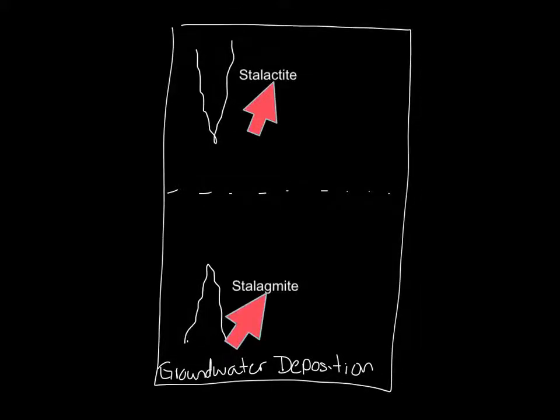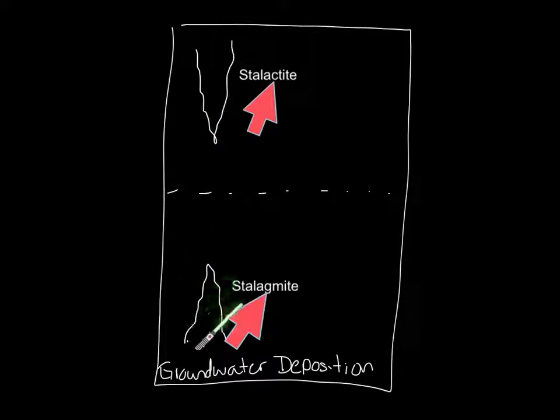Okay, so I've magically made these words and arrows appear. And so a good way to remember that a stalactite is one that's coming from the ceiling is the C can stand or remind you of ceiling, and the stalactite is holding on tight to the ceiling in hopes that it won't fall.